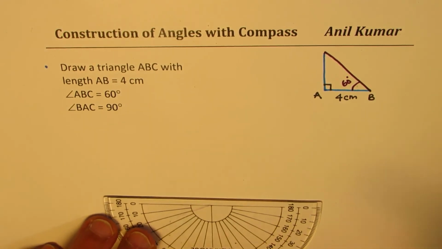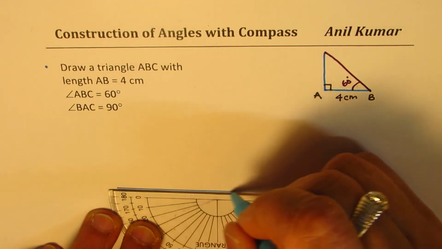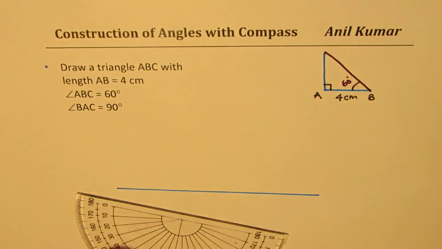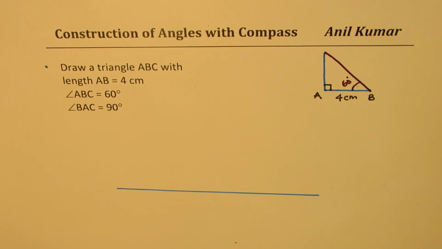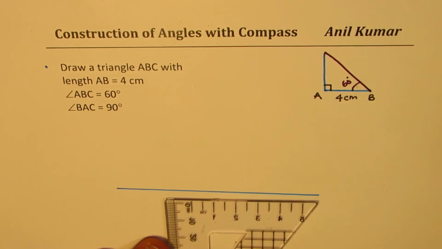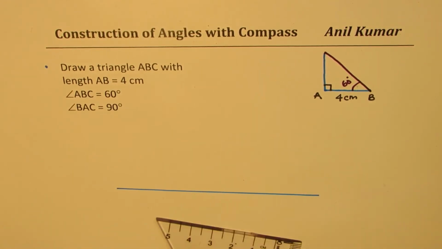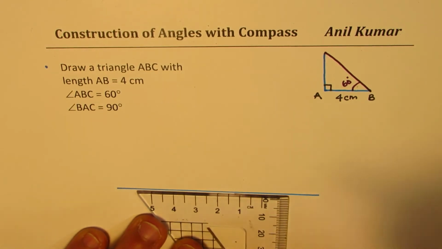Okay, so here is my protractor. We'll begin with 180 degrees as we have done all throughout. Now we need 4 centimeters between A and B. So let's mark 4 centimeters, and almost at the center we'll keep this and then draw, right? So let us say 0 to 4 is what we're looking for.